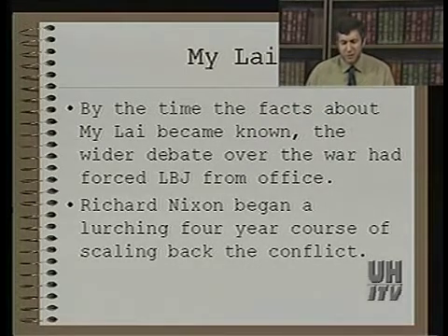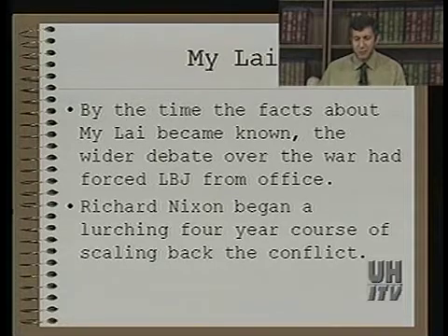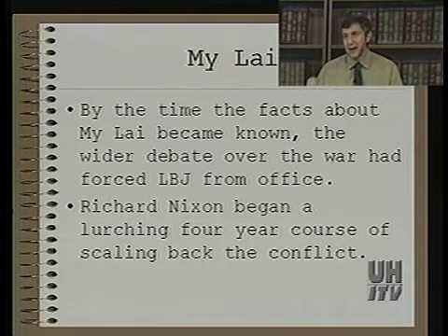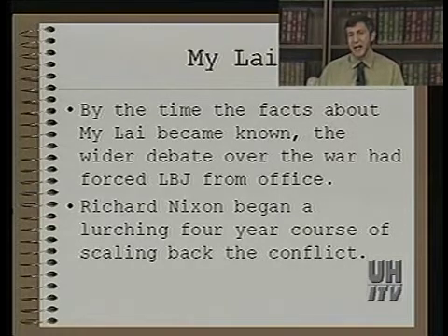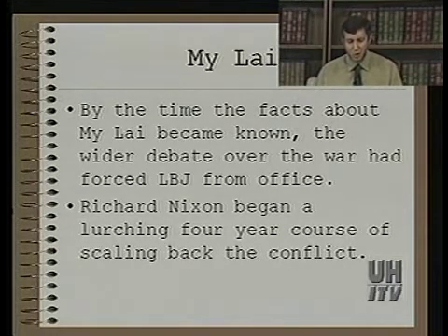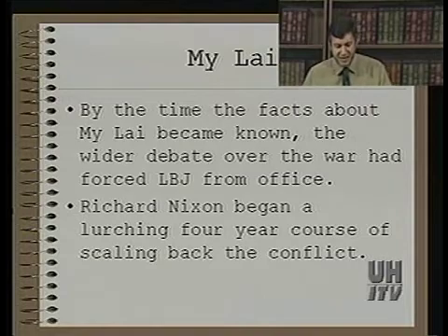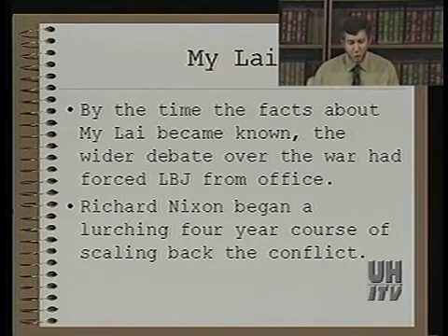By the time the facts about My Lai became known, the wider debate over the war had thrown Lyndon Johnson out of the presidency. Richard Nixon began a lurching 4-year course of scaling back the conflict.